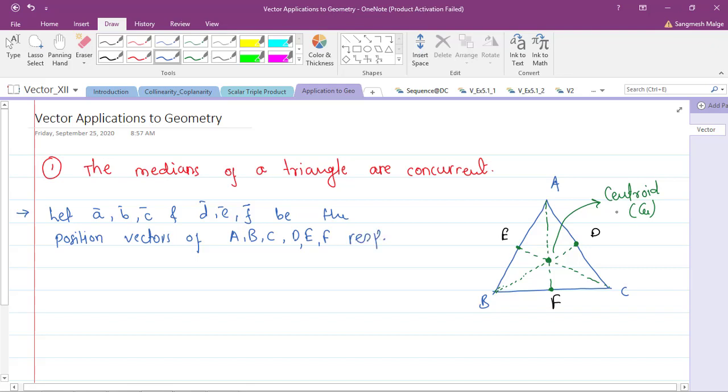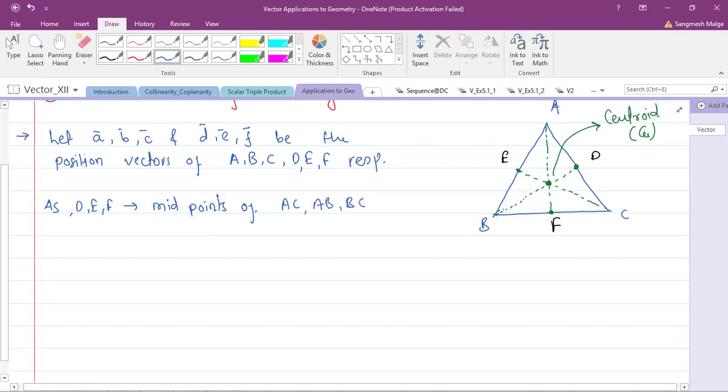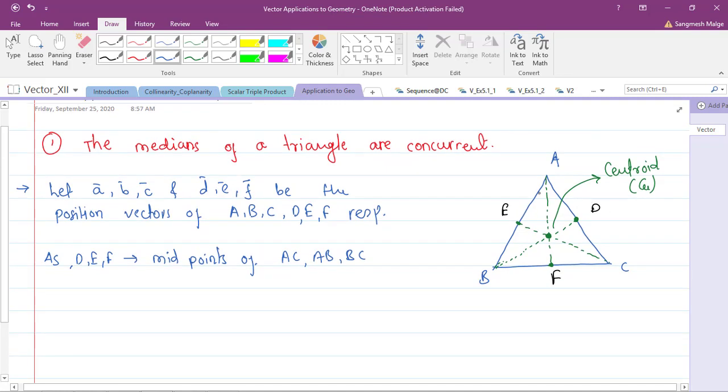We have to show that this point is the centroid. That will come after some time. Now as we can see from the figure, D, E, F are midpoints of AC, AB and BC. These are the midpoints of these sides AC, AB and BC.